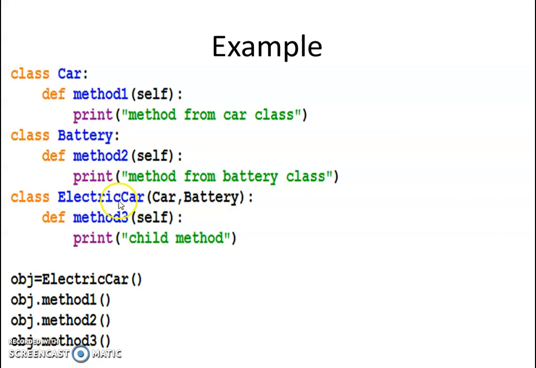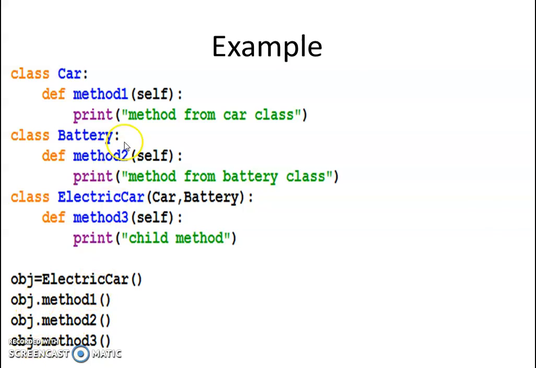And further, this ElectricCar is having one method with the name method3 and it is printing one statement, "child method". Next we are creating an object of ElectricCar. So this obj is the object of this child class and we are invoking method1, method2, method3 with this child object.